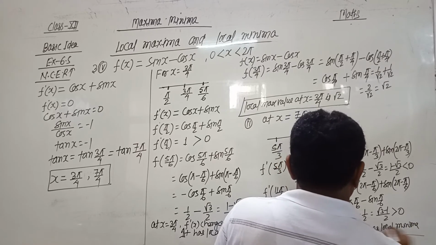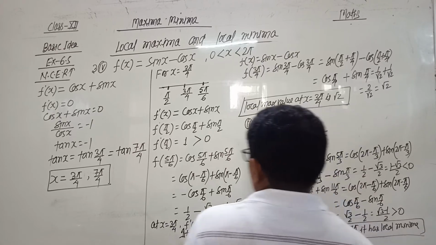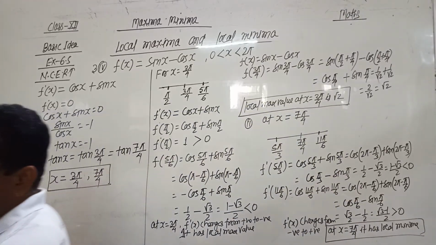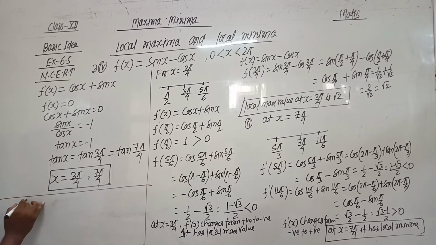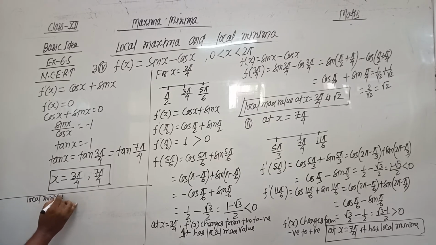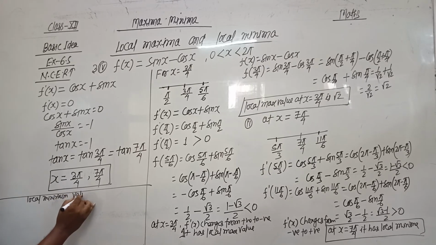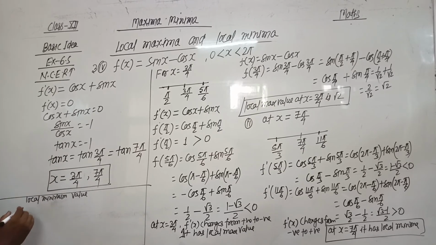At x equals to 7 pi by 4, it has a local minimum, and the local minimum value is obtained by putting the value of x equals to 7 pi by 4 in the function.